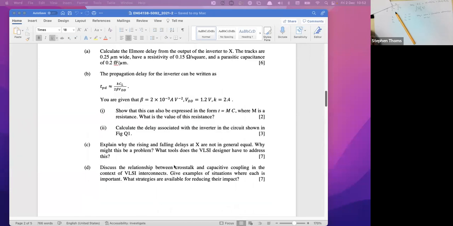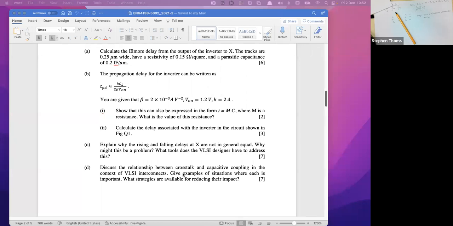And then crosstalk and capacitive coupling, and he wants the relationship between them. Again, because this was an online exam, it wasn't something which you can just take straight from your notes. You have to think about it, and you have to think, well, what's crosstalk? What's capacitive coupling? How are they related to each other?